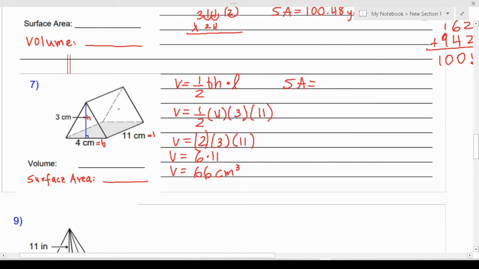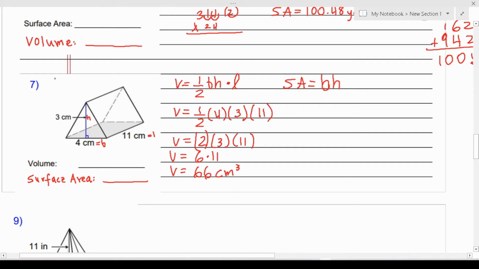So there are 5 faces we have to find the area of and then add together. Finding the area of these triangles is straightforward. The area of a triangle is 1/2 base times height, but there are 2 of them, so it's 2 times 1/2 times base times height. The 2 and 1/2 cross out, so that's just base times height.